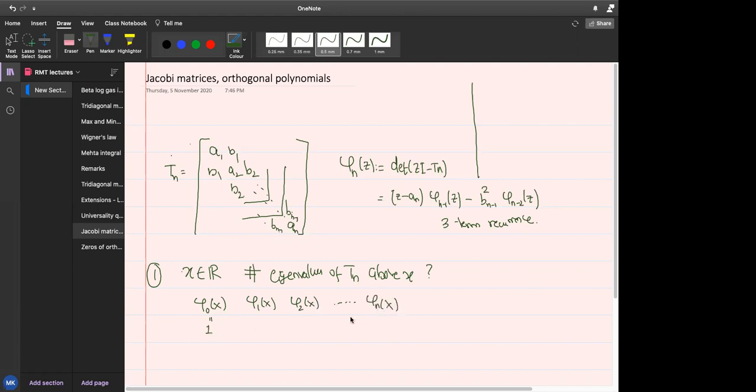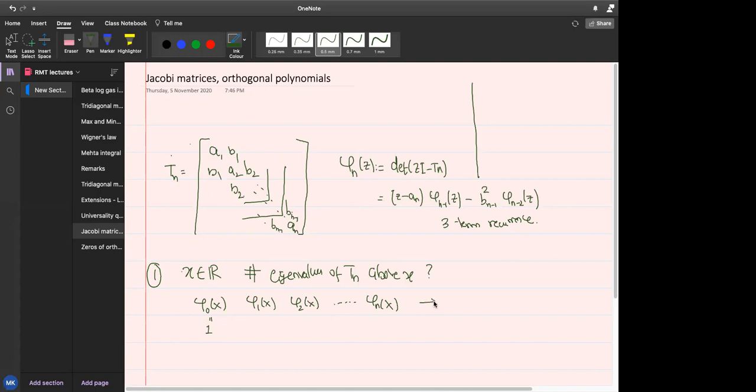You calculate all these numbers, which you can do very easily using these recursions. For example, you can start recursing from 1, and phi 1, phi 2, etc. can be computed from this recursion. If I give you the value of z, and you know the ans and bns, you can calculate this sequence very easily.